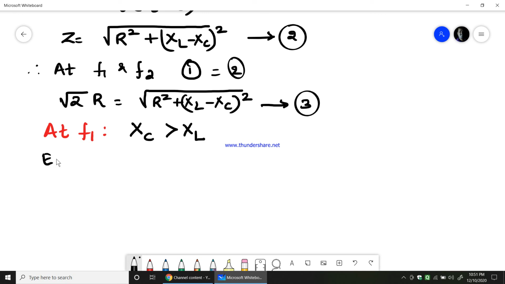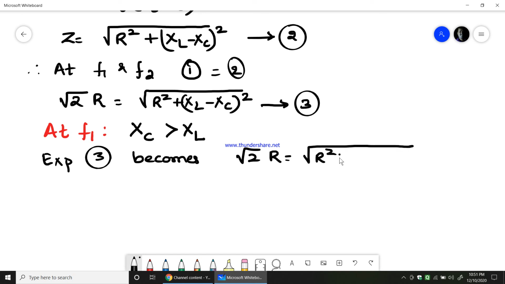Expression 3 becomes square root of 2 times R equals square root of R square plus XC minus XL the whole square.